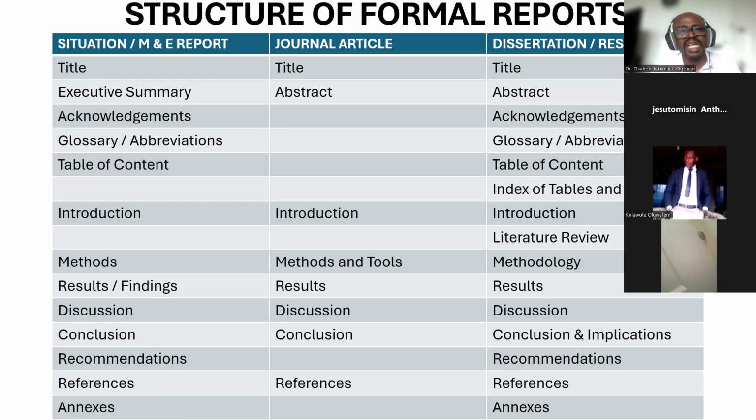Just that the executive summary is actually longer than an abstract. An abstract usually should have 1 or 2 paragraphs. But the executive summary is longer, and they all report the highlights of what is contained in the entire report.